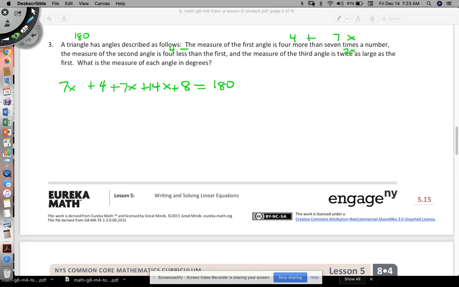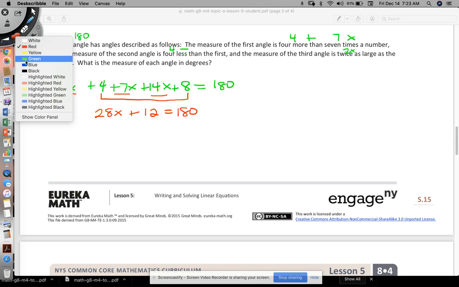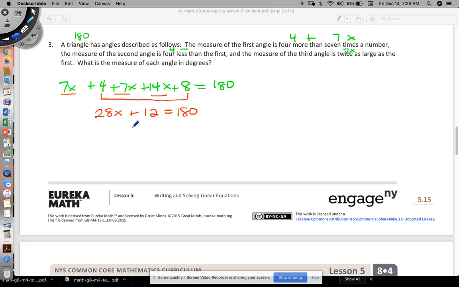So now we're going to combine our terms. I have 7x plus 7x plus 14x, which is going to give me 28x. And then I have 4 plus 8, which is going to give me 12, equals 180. I need to get that x by itself, so I need to move that 12. So I'm going to subtract 12. That way my 12s cancel.